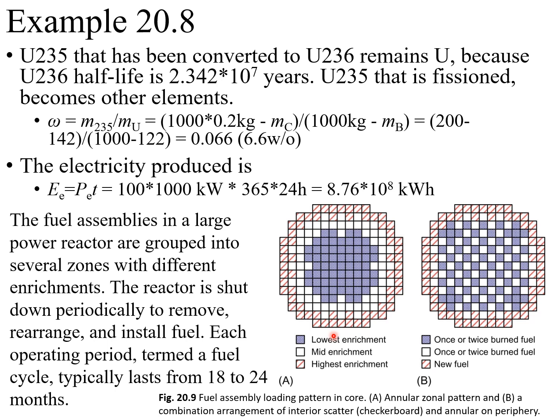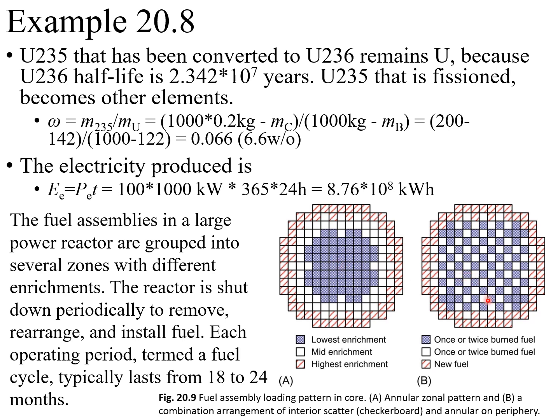This configuration will give you a relatively flat power distribution. At the boundary, you get lower neutron flux but higher enrichment, so you get relatively the same power. At the center, you have a higher neutron flux but lower fuel enrichment, so you have the same power.